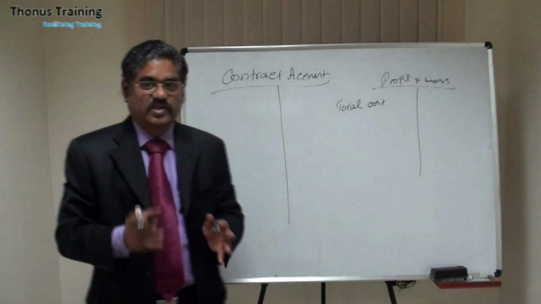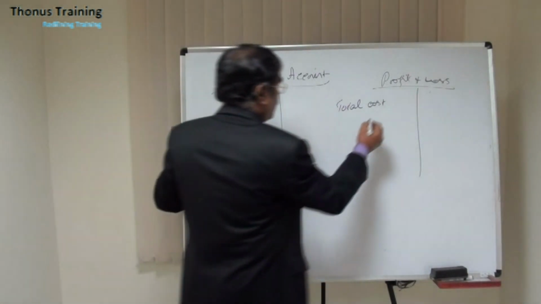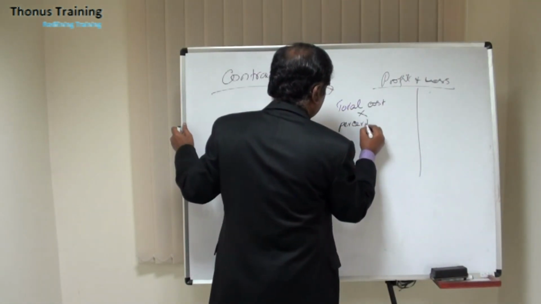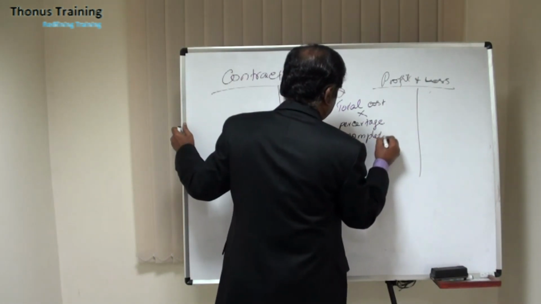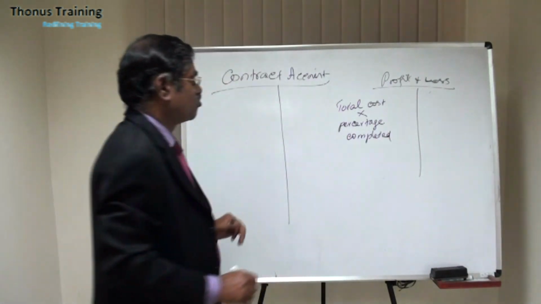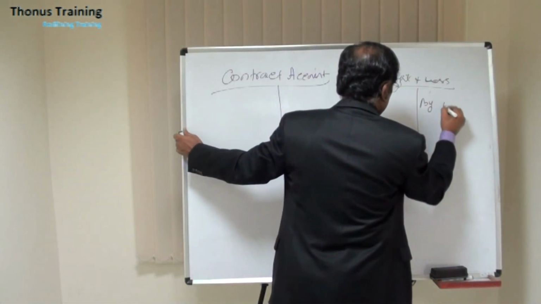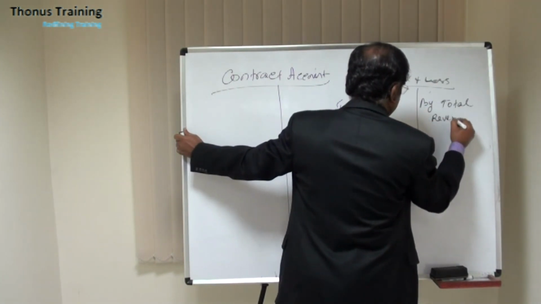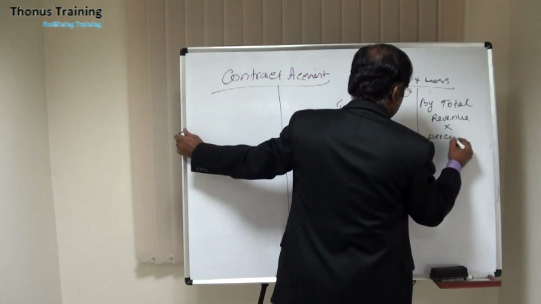There is a cost to be incurred towards the entire construction, multiplied by the percentage completed. On the right hand side, you are going to recognize the total revenue multiplied by percentage completed.